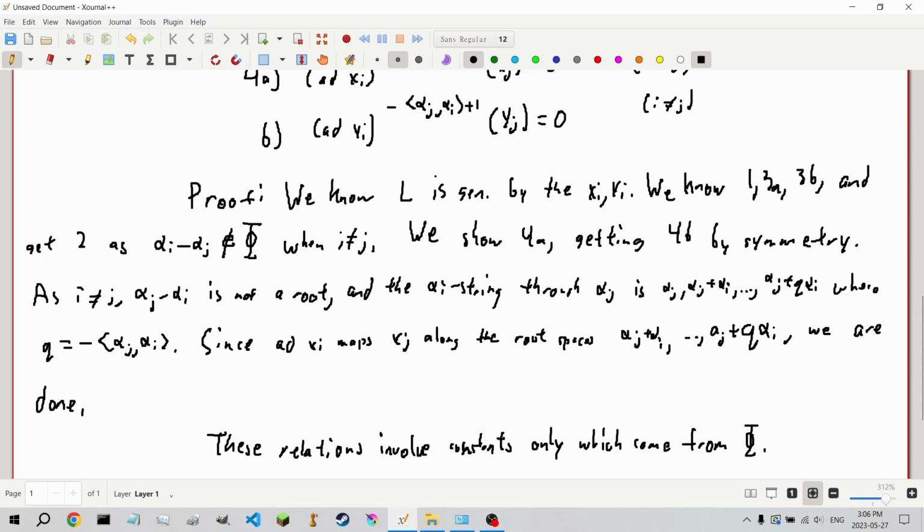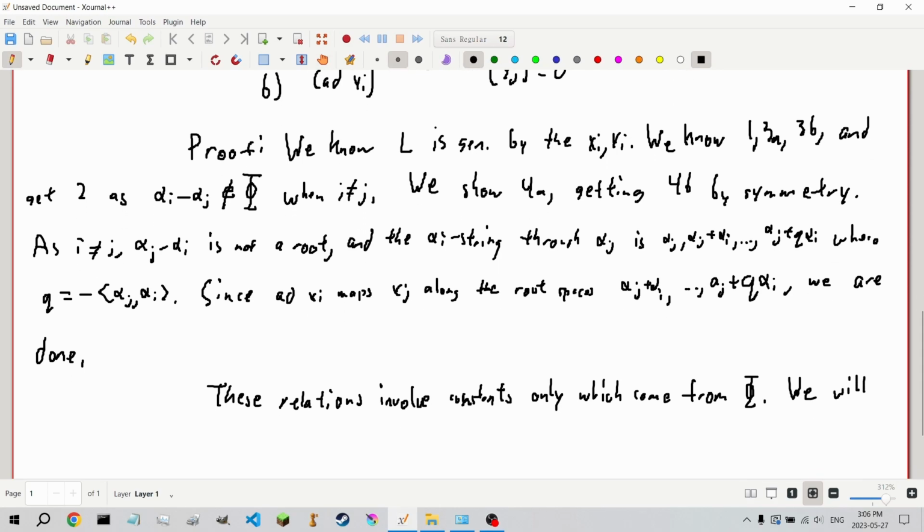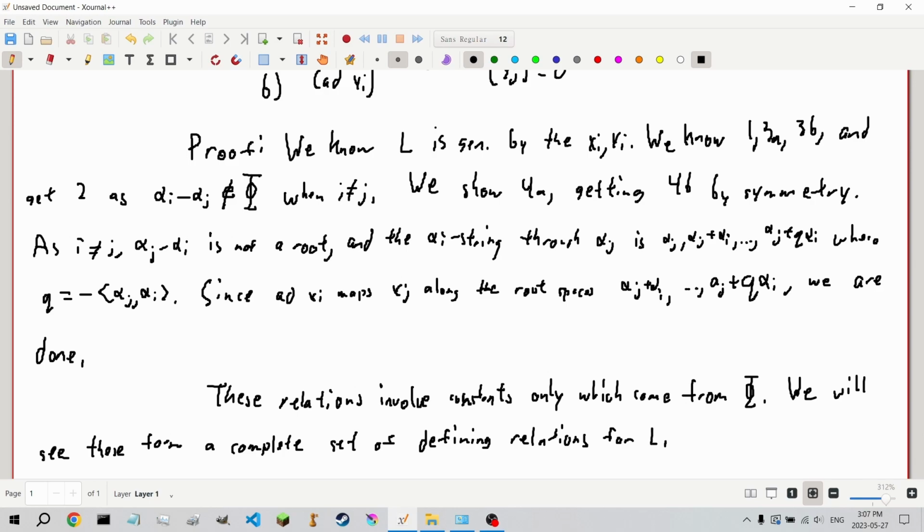And we will see these form a complete set of defining relations for L, which is going to be a fair bit later on.